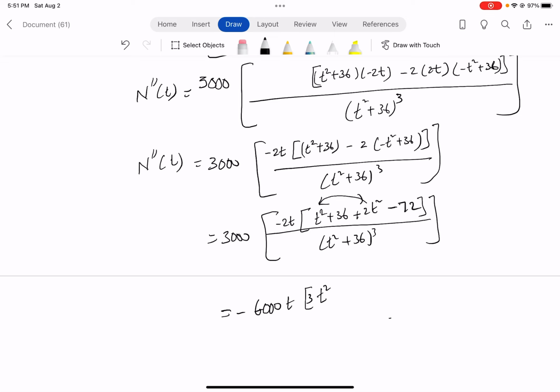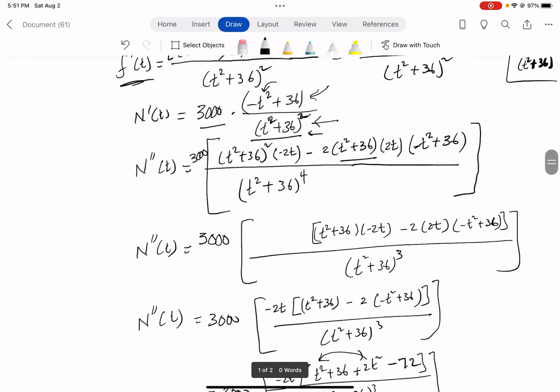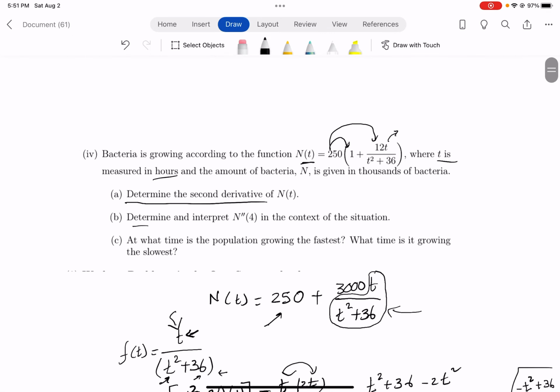This is 3t squared, 36 minus 72 is minus 36, over (t squared plus 36) cubed. This is more simplification if you want to. That's the second derivative.